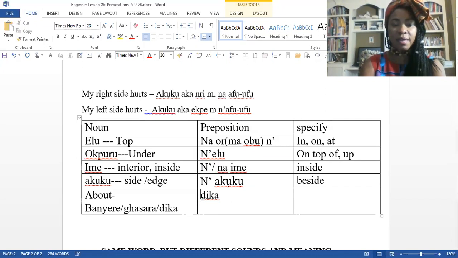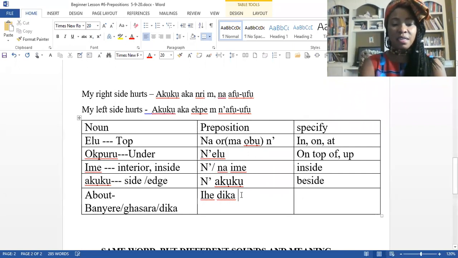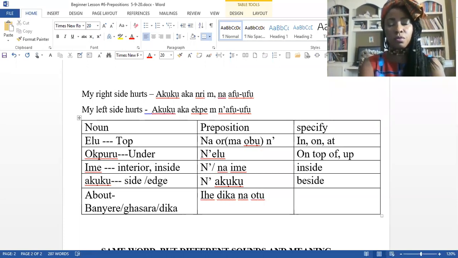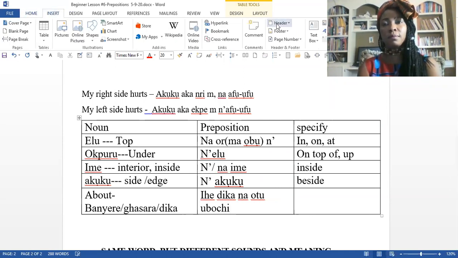Let's say in here, ka. Now, otu, obosi. I need to punctuate obosi. So we're going to do obosi.